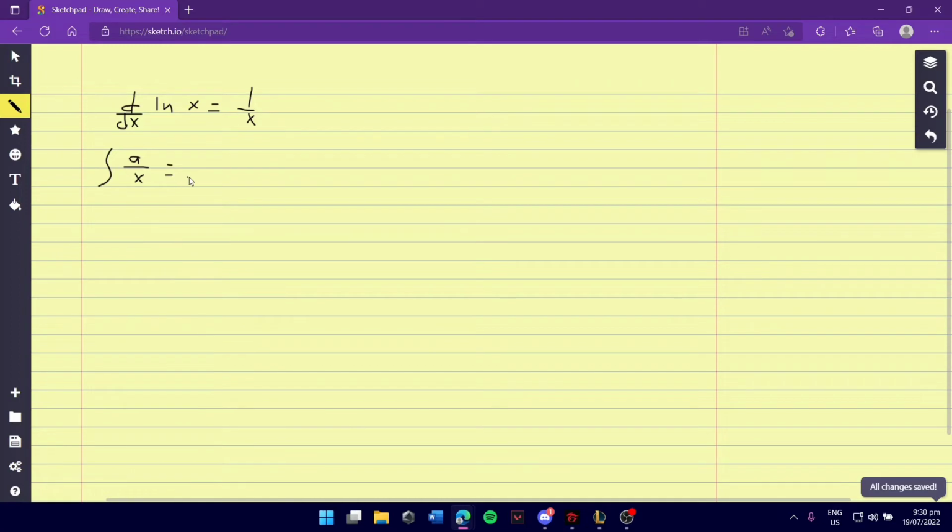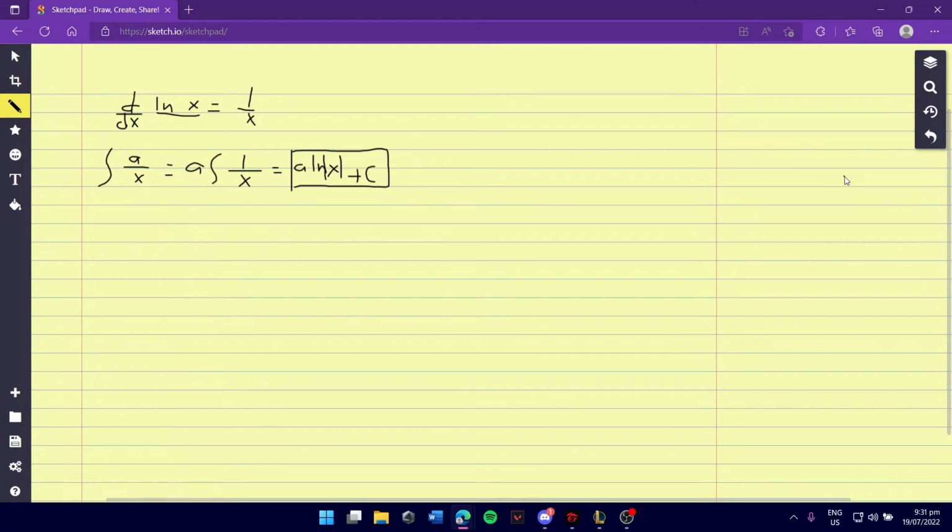First take out the constant, which is a, and then we'll have 1 over x. The integral of 1 over x is simply ln of x. So we have a times ln of absolute value of x plus c. This is the absolute value sign. So this is now our formula for logarithmic functions.